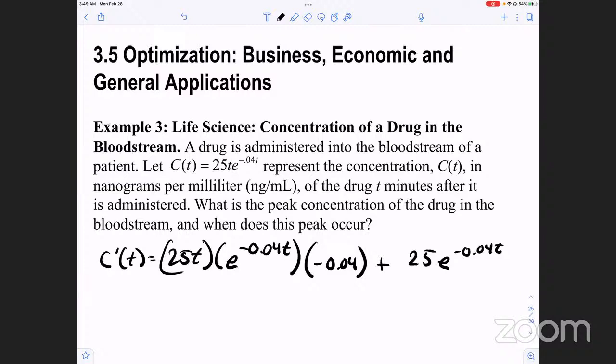Then we want to set this equal to 0. It looks like both terms have 25 e to the negative 0.04 t, so let's factor that out.